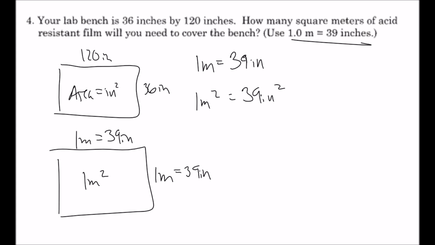So that area would be equal to 39 times 39, or 1521 inches squared. So again, our conversion is not 1 meter squared to 39 inches squared. Rather, our conversion is 1 meter squared equals 1521 inches squared. You just want to be alert with that in case you multiply your inches together.